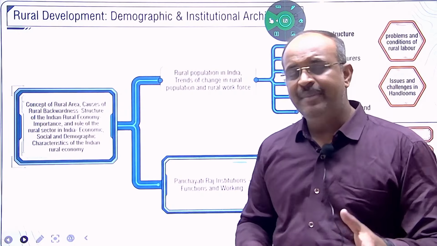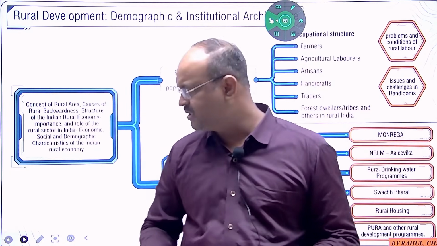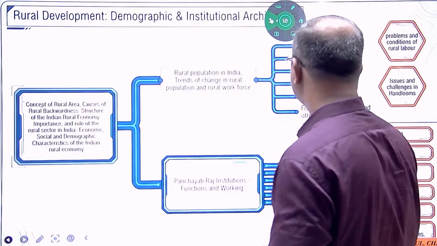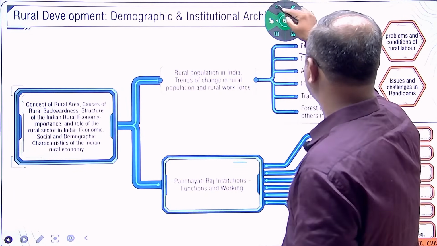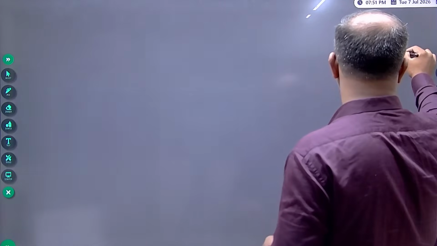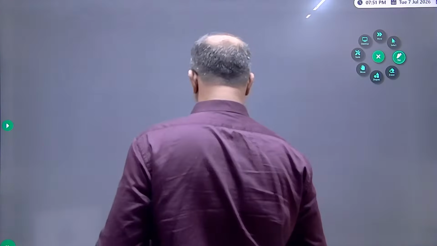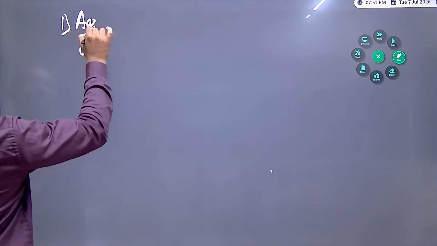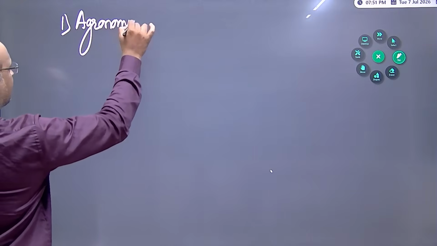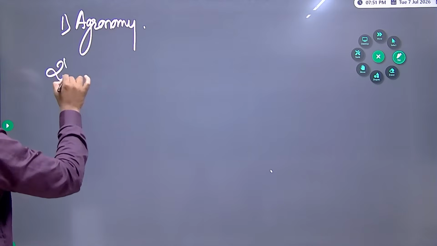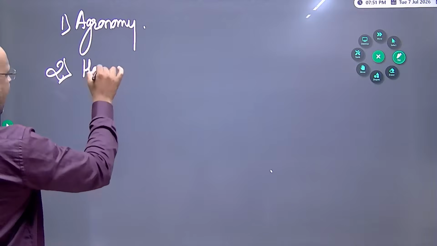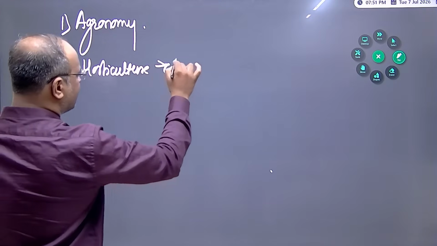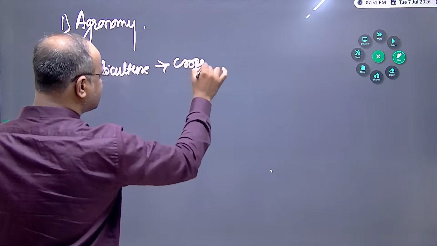But now, which are the important topics where we need to focus? I will give you the list. If you want, you can note it down. The first important topic is agronomy. Second is horticulture, and in horticulture, majorly the crops. We have to focus on the crops.